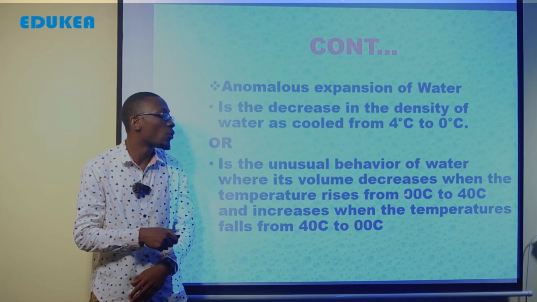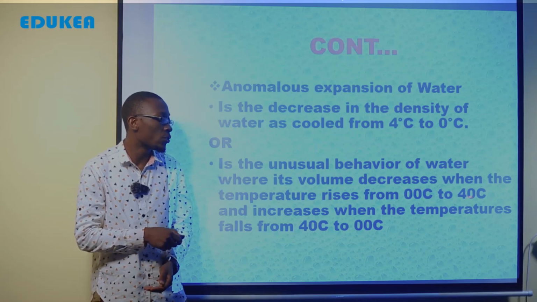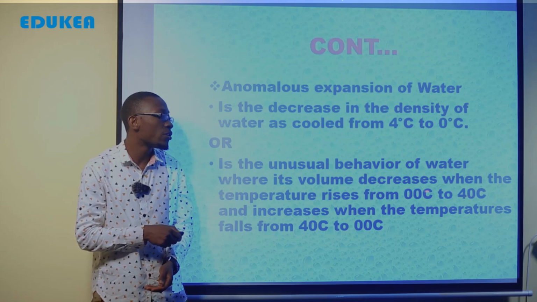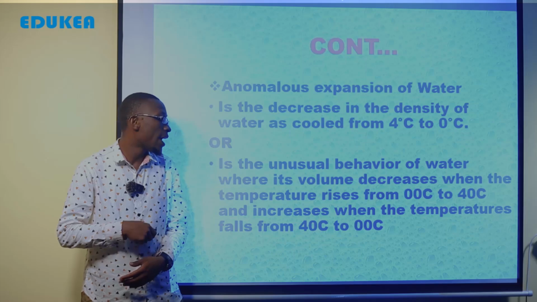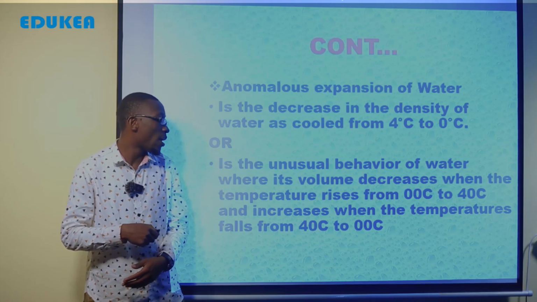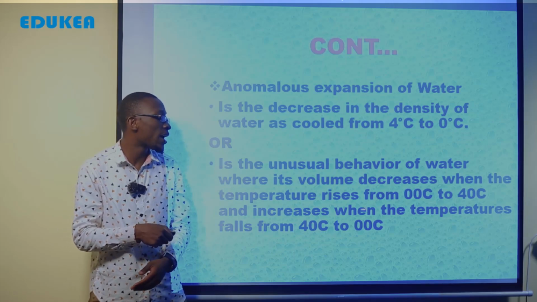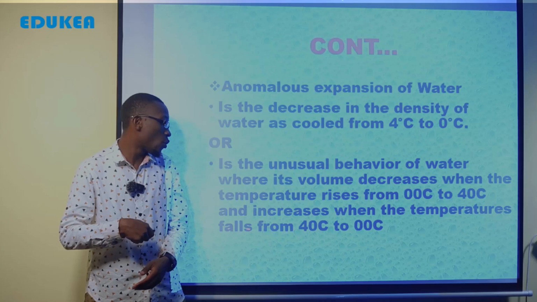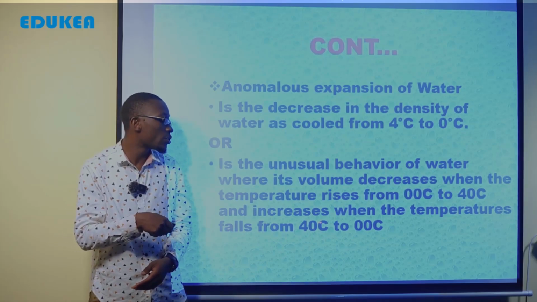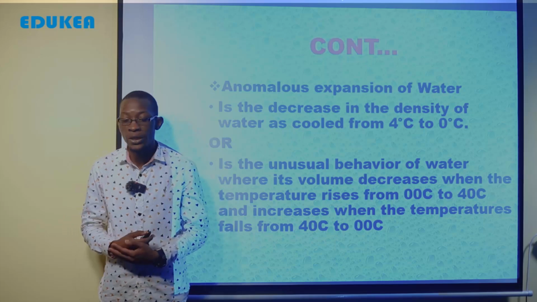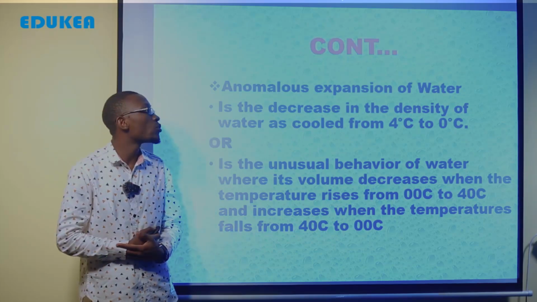And its volume will increase when the temperature falls from 4 degrees Celsius to 0 degrees Celsius. That is what we call anomalous expansion of water, and sometimes we say it's unusual behavior. It's not a normal behavior.